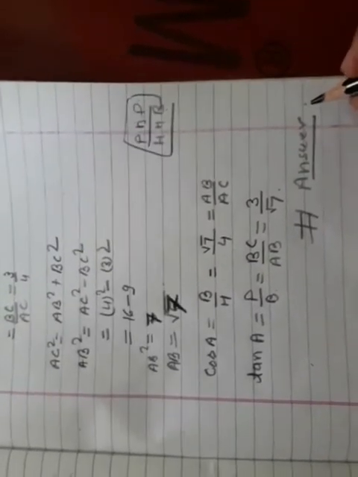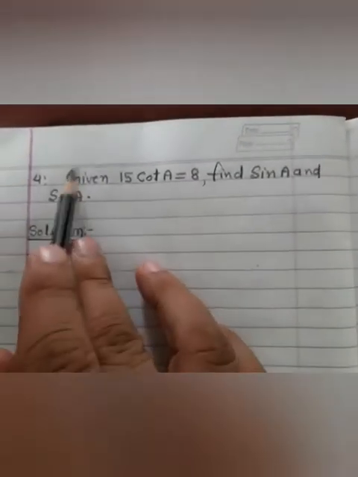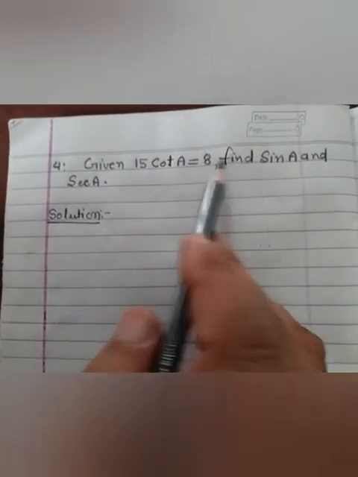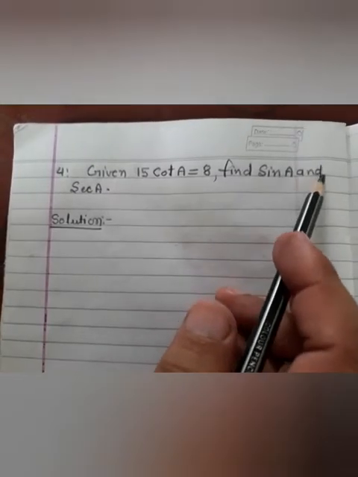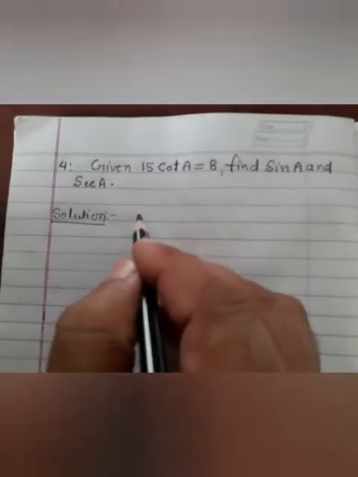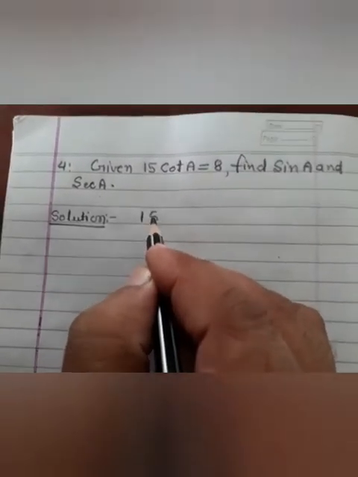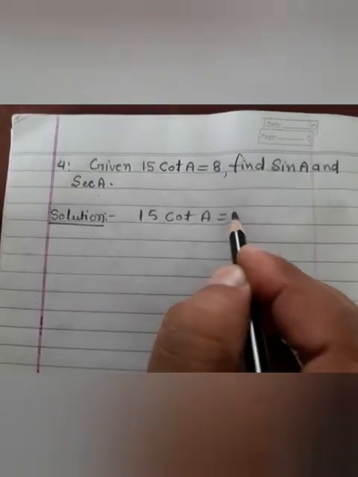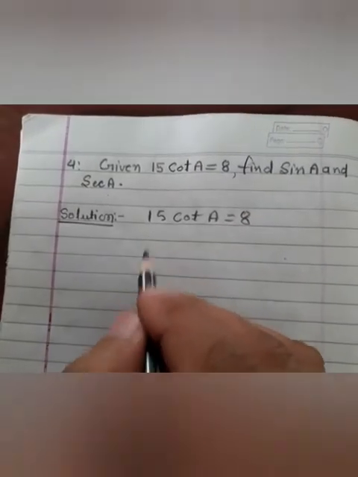Okay. Now look at your fourth question given here: 15 cot A is equal to 8. Find sin A and sec A. So this one is the solution. 15 cot A is equal to 8. So what we get here?